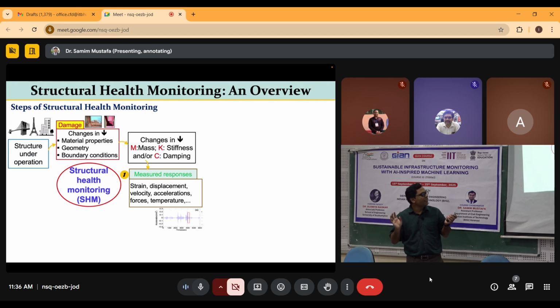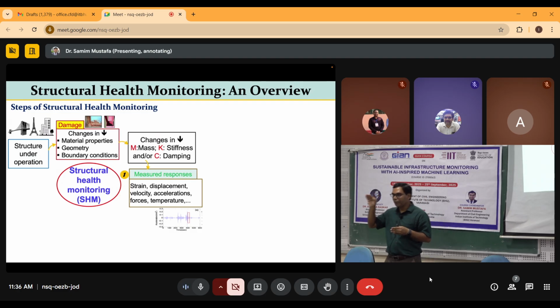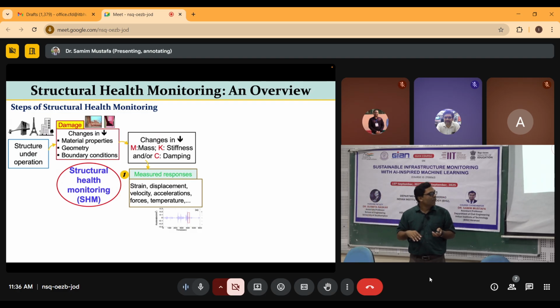In the measured response there could be strain, displacement, velocity, or acceleration, force, temperature, based on your actual problem, what you are going to study, right? From this measurement, for example, I have shown a time history of measured acceleration.